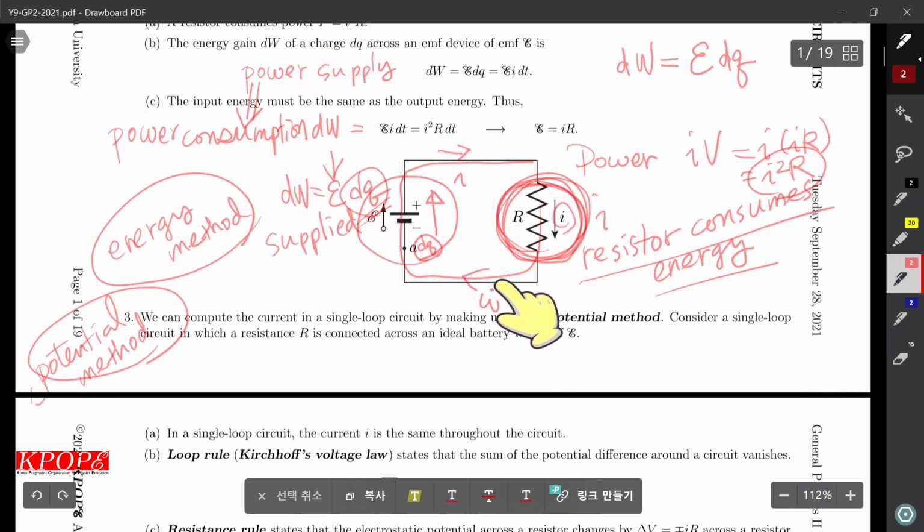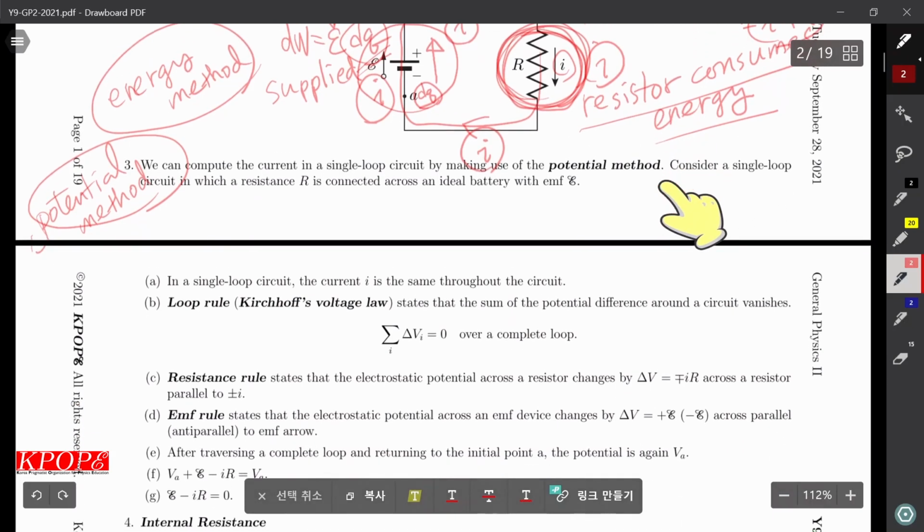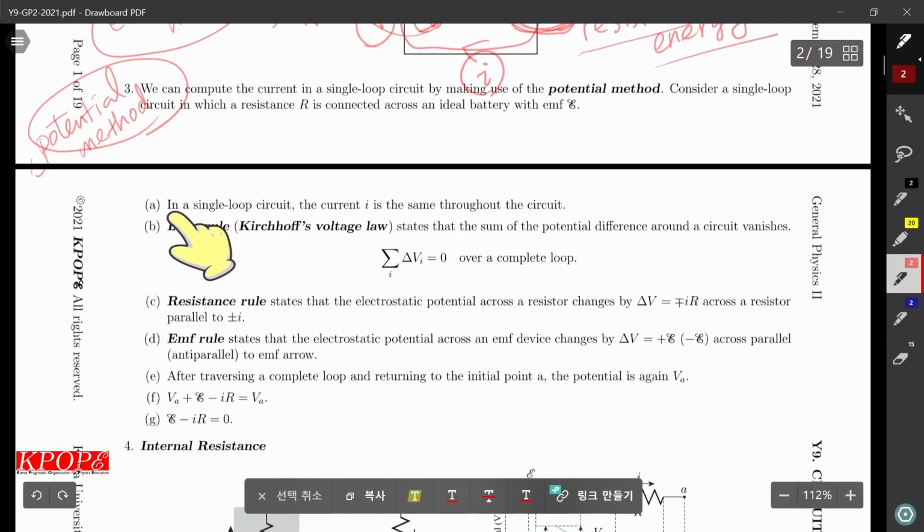Everywhere the current is invariant in a single loop circuit, because there is no branch and no charge accumulated.